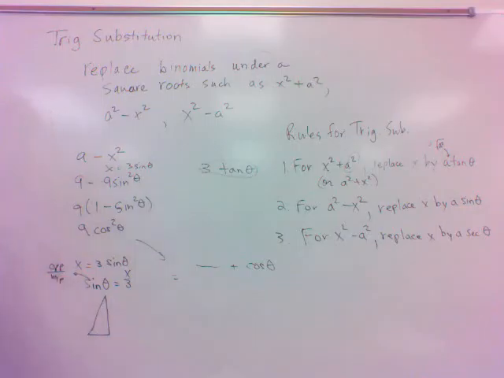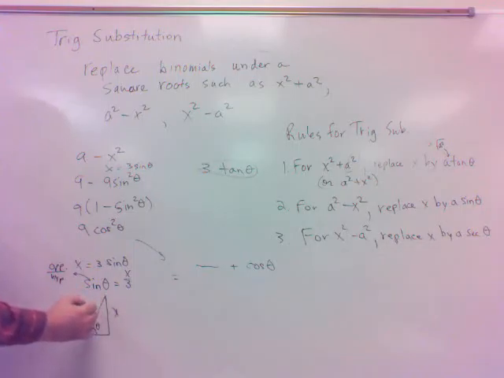We're going to use SOHCAHTOA a little bit. Sine theta is x over 3, and so that tells me the opposite is x. So here's theta. The opposite is x, the hypotenuse is 3. So cosine is going to be whatever this is over 3, isn't it?